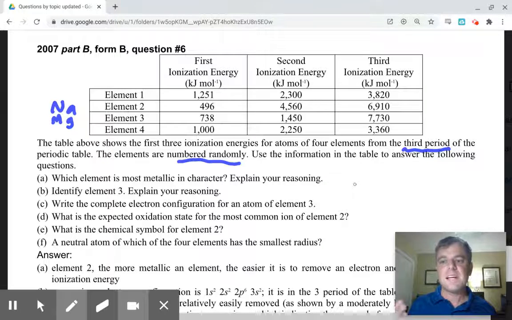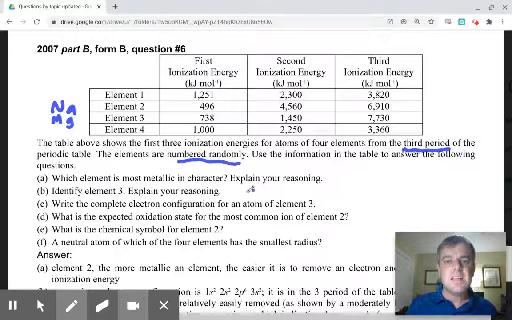That's their defining trait. They have low first ionization energies. Element 1 has the lowest, element 2 has the lowest first ionization energy, so it's the most metallic. Then when it asks you to identify element 3, you would say that element 3 is magnesium because the large increase between the second and third ionization energies indicates that it has two valence electrons, and magnesium has two valence electrons.